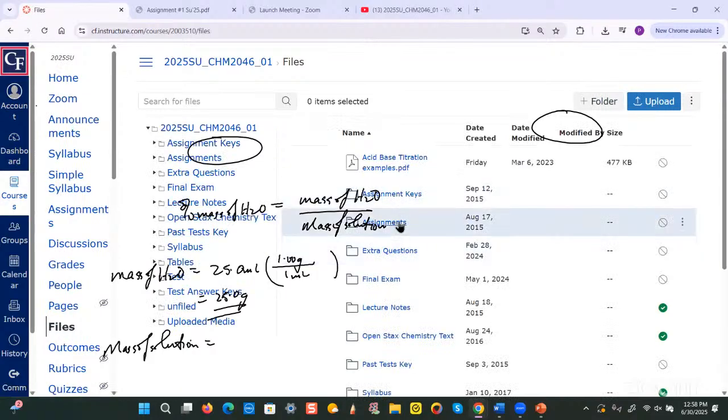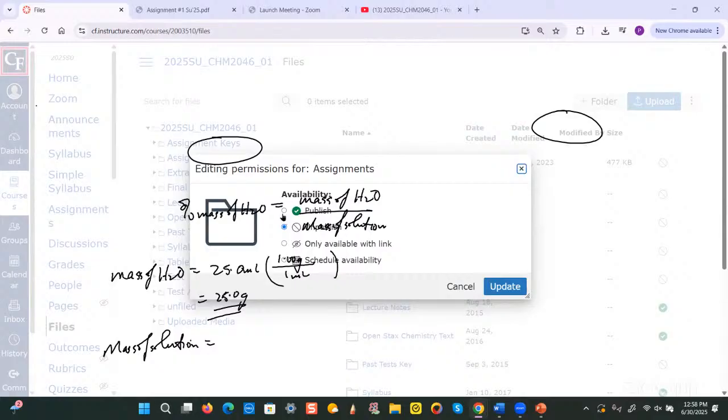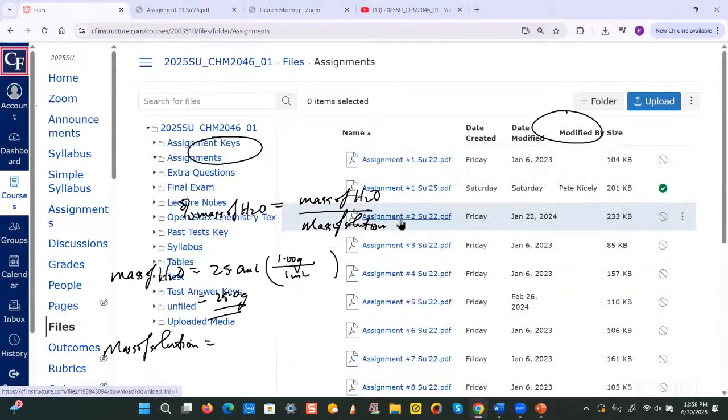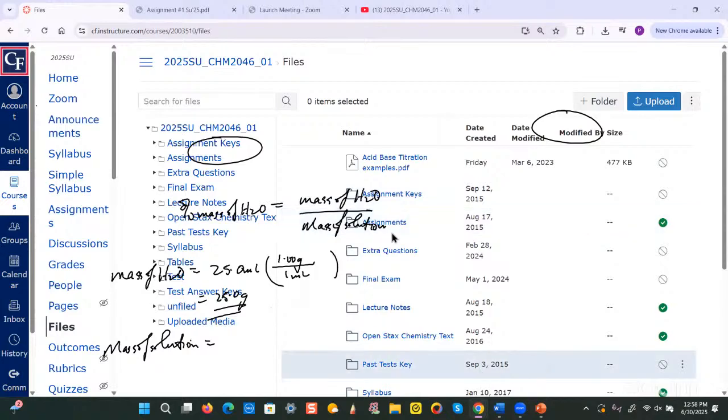And then you look for the... oh, wait a minute. This is not published. Hold on, let me see here. Okay, that's my fault, Mr. Renfro. Let me check this here. Okay, you should be okay now, right? That's my fault. I neglected to open up the folder here.